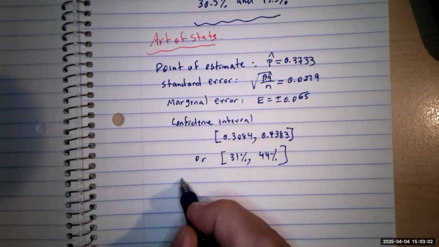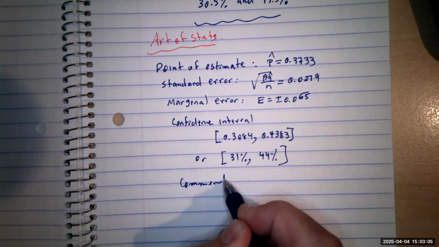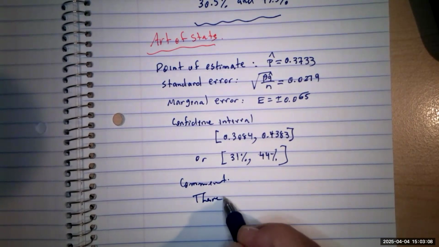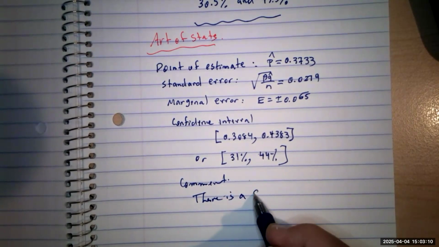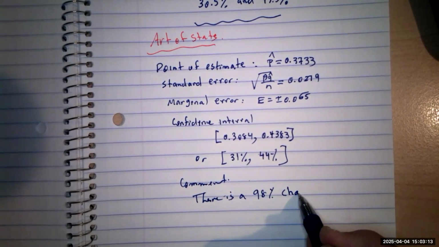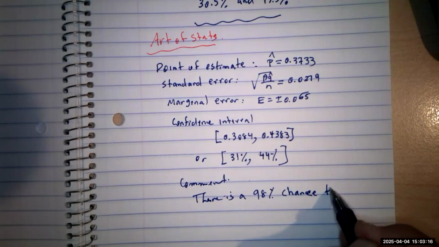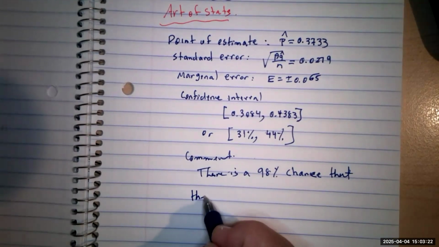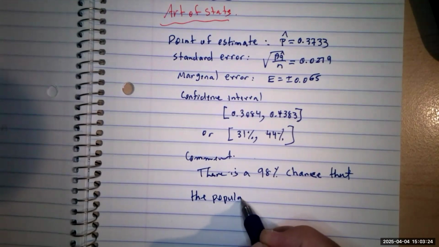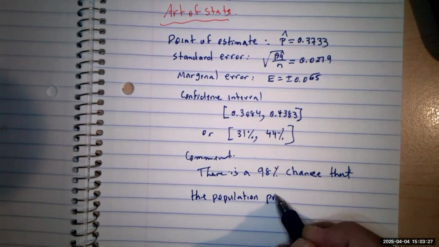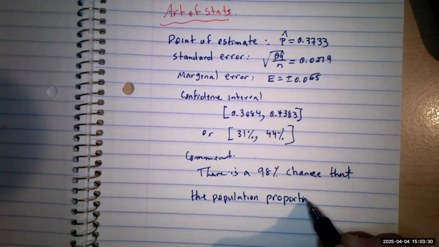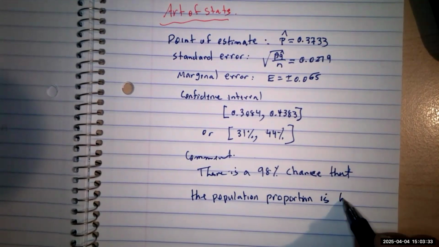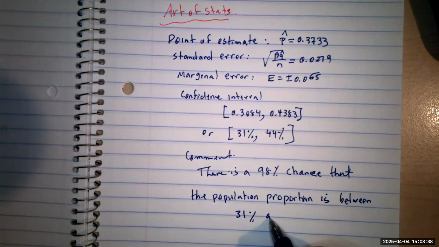And a comment. Your comment is, as we talked about, there is a 98% chance that the population proportion of those union members is going to be between 31% and 44%, and it will be accepted right away.